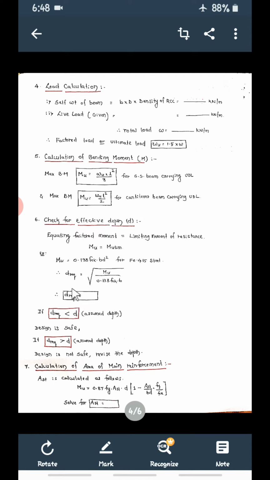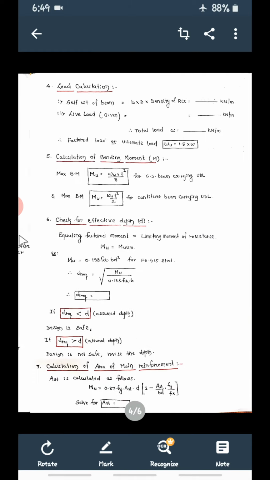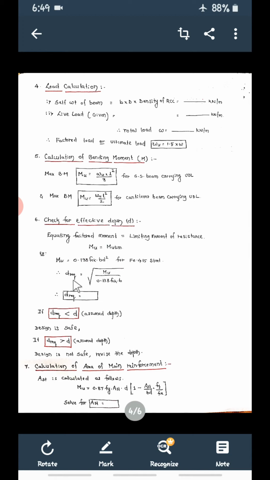Okay, so this d required means to take this bending moment, how much d is required. Check this with the d calculated earlier, based on L by D equal to this, the d we have calculated. Required is this much, and how much you have provided, that you have to check.